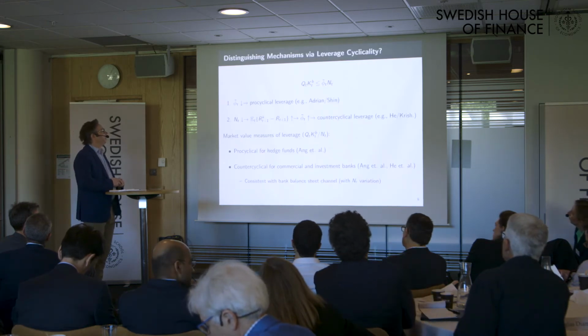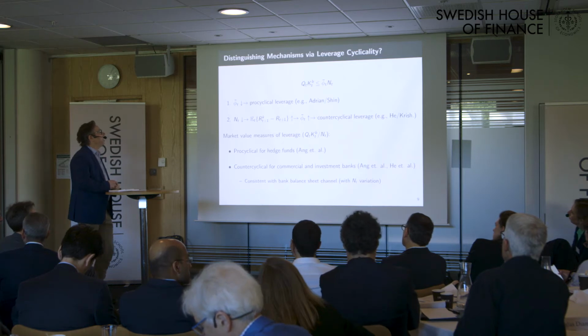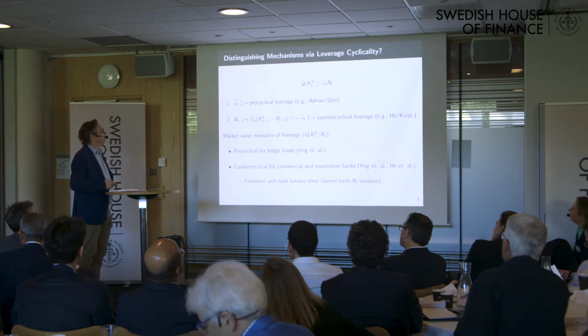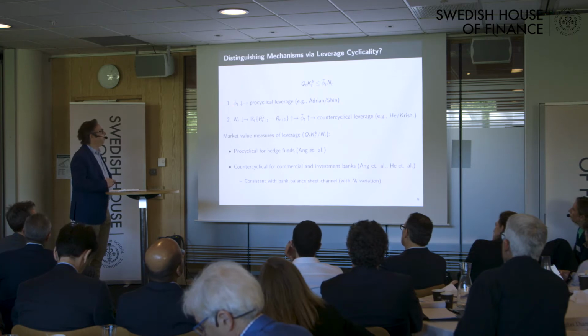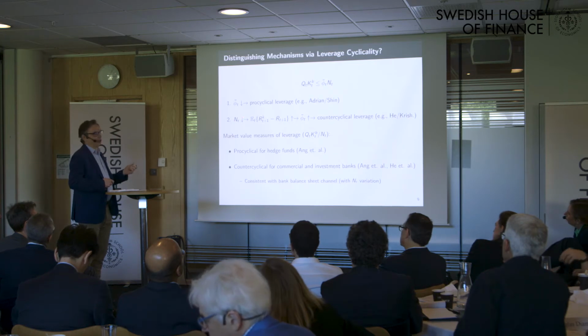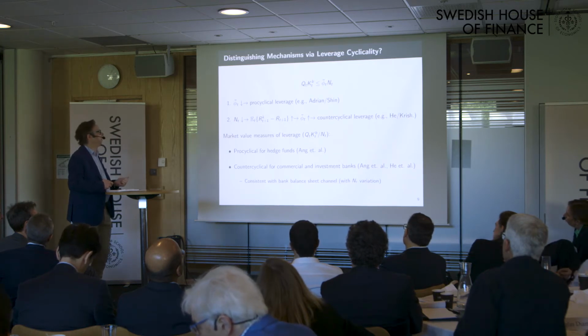Now, as I said, these are complementary mechanisms, but as has been discussed, they have different implications for the cyclicality of leverage. For example, if it's the leverage cap that's tightening to generate a downturn, that's going to imply pro-cyclical leverage. It's a little trickier if it's equity variation that's driving things.